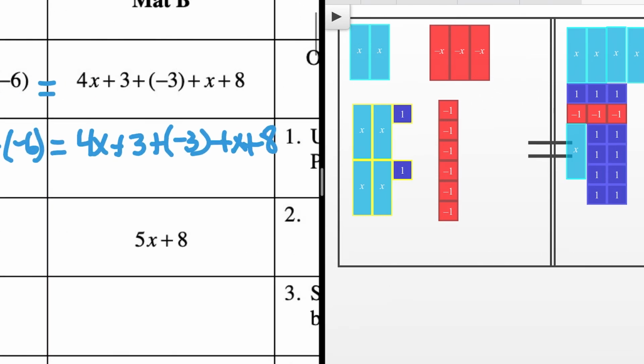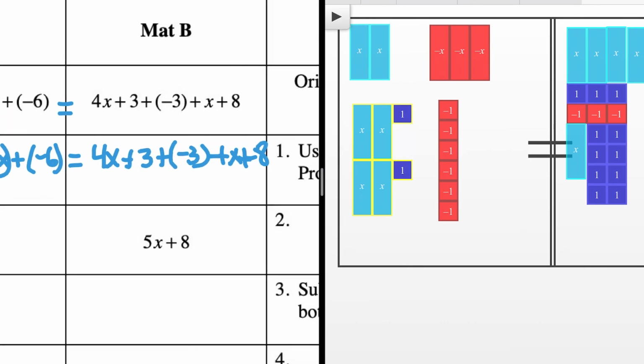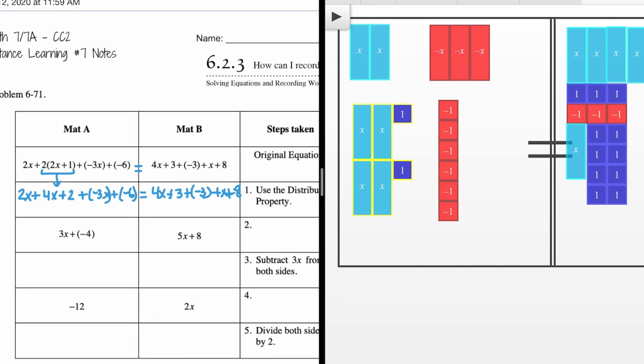Now, we didn't do anything with the right side because there was no distributive property to be simplified with. And when it says use distributive property for steps taken, that's all we needed to do. That was the only part that actually needed distributive property to be used.